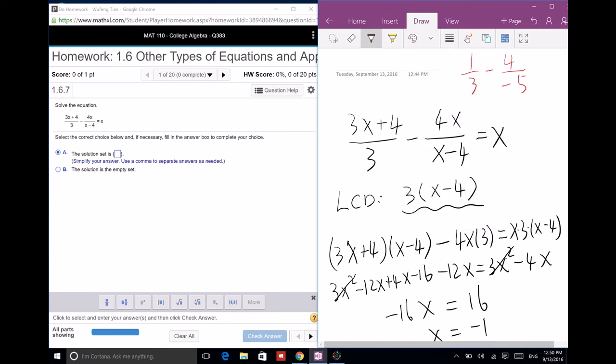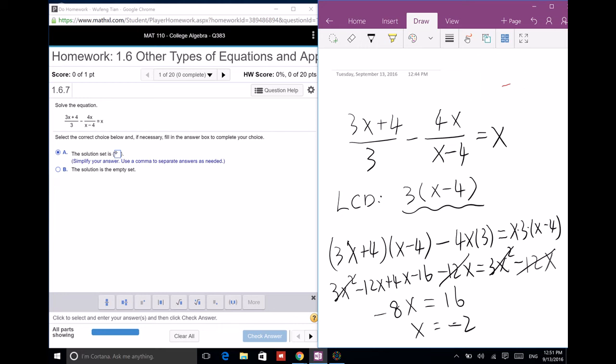The 3x squared minus 3 times 4 is 12x, so it's minus 12x, which is nice because the negative 12x cancels out. So this part was wrong. This still cancels out and this cancels out. So you have negative 12x plus 4x is negative 8x, and it equals positive 16, so x equals negative 2.